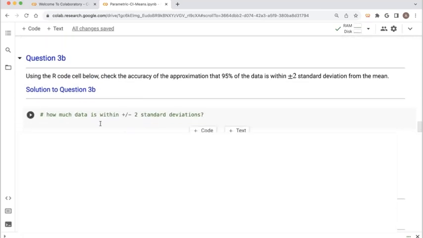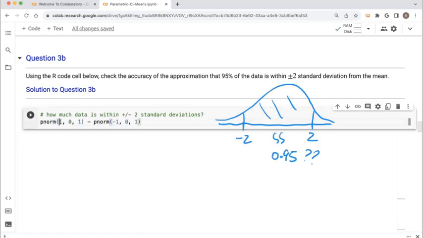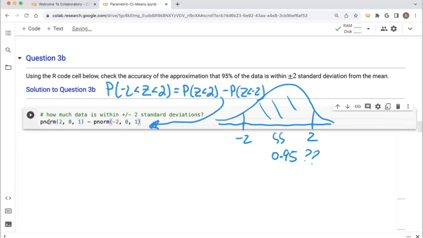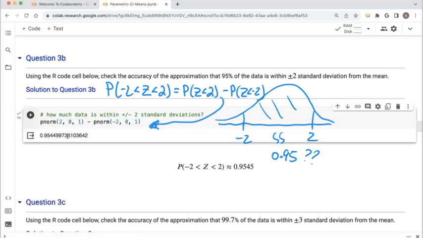And we can check the other claims in that empirical rule. 3b was looking at the claim that what proportion of the data sits between two standard deviations above and below. So changing the code from the z-scores of 1 and -1, we now change that to a 2 and a -2. And here we can see that the 95% is actually more precisely 95.45%.